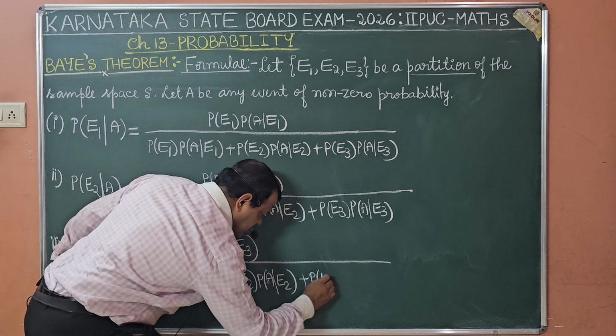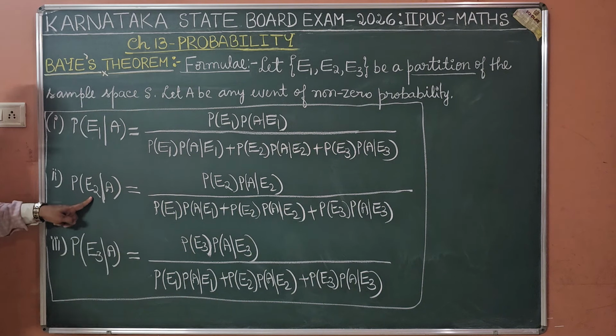Please study these 3 formulae, or any one of them, as they are similar. If they ask you to find the reverse probability of occurrence of event E1, assuming that event A has already occurred, then this is the formula.